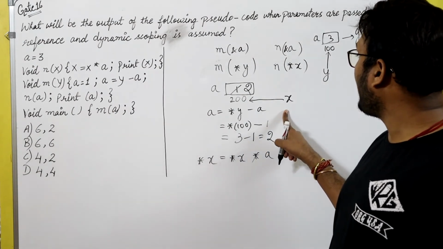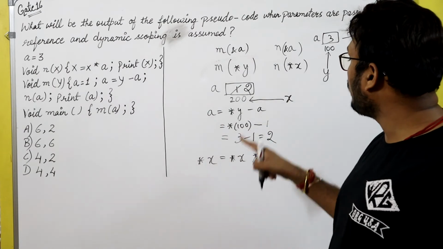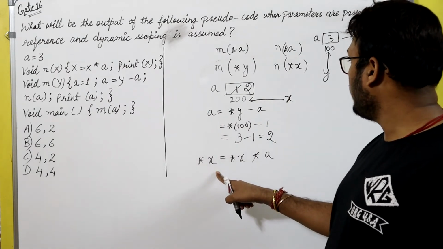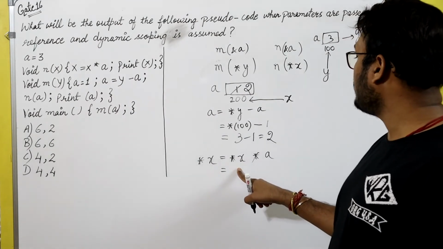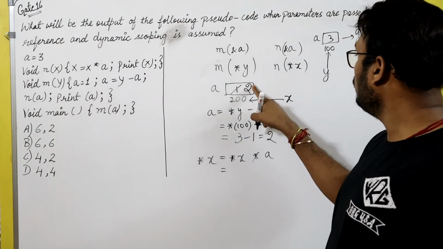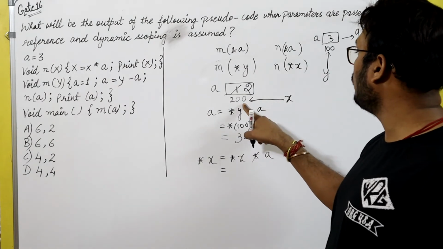Value at the address pointed by x. So what is the value at the address pointed by x? 2. Because x is pointing to the location 200.